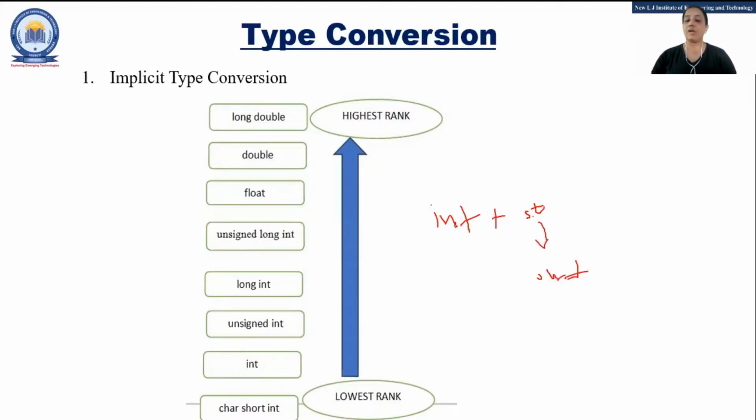If one is integer and the second is unsigned integer, the integer is converted into unsigned. This ranking shows which data type is converted into another data type, and you need to remember it.